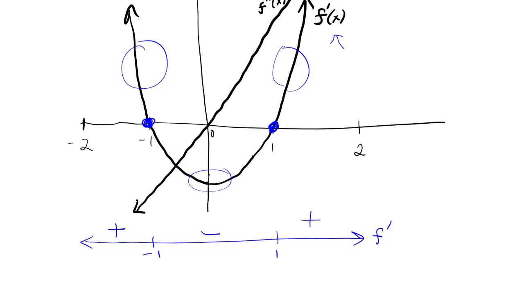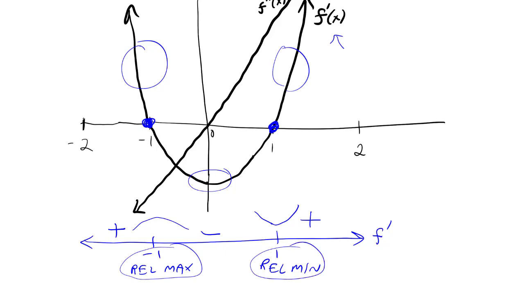So I know that it was increasing before -1 and then decreasing afterwards, making -1 a relative maximum. And it was decreasing before 1 and then increasing after, making 1 a relative minimum. So I'm able to find that these are relative extrema of the original function f.